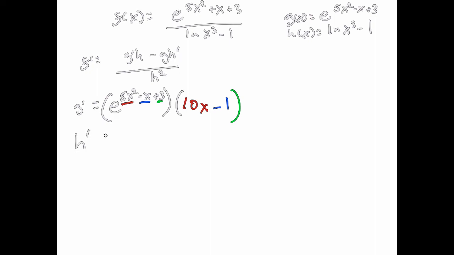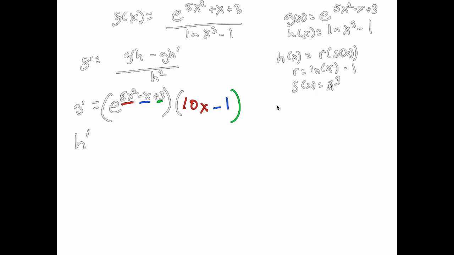How do you do this? Well, here, let me add a step. So now h is going to equal r of s of x, where r is the natural log of x minus 1, and s of x equals x cubed.